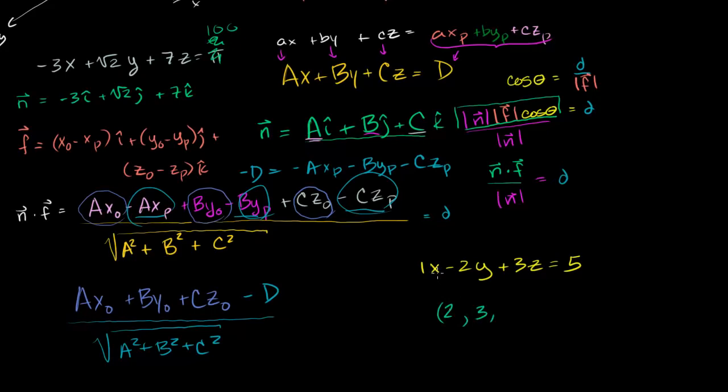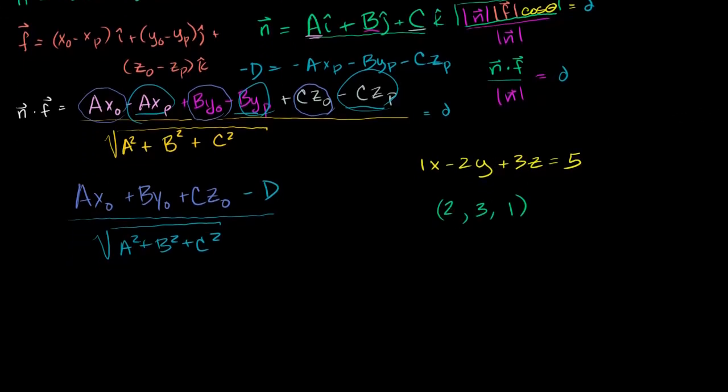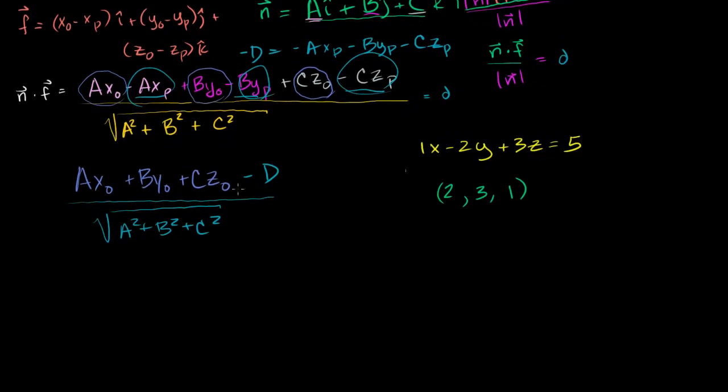And let me make sure it's not on the plane. Let me just pick a random one. So this definitely is not on the plane because we have 2 minus 6 plus 3, that gives us negative 1, which is not 5. So this is definitely not on the plane. We can find the distance between this point and the plane using the formula we just derived. We literally just evaluate it.